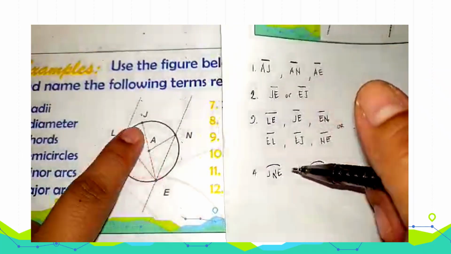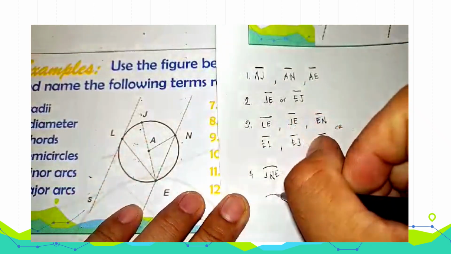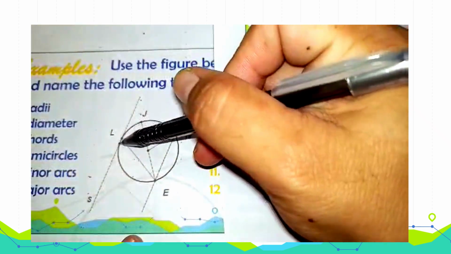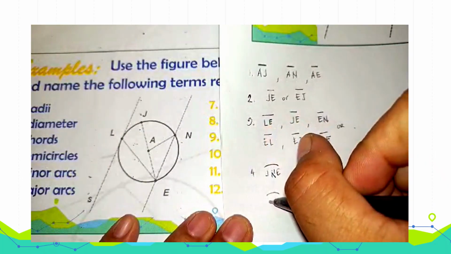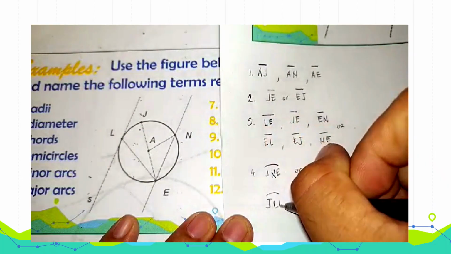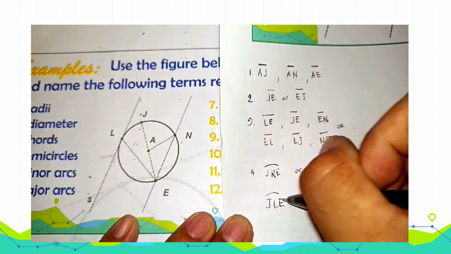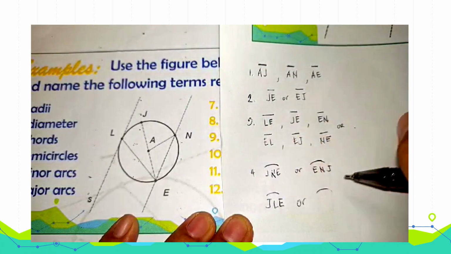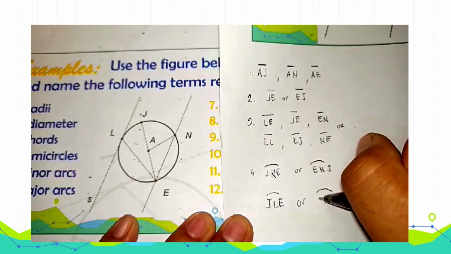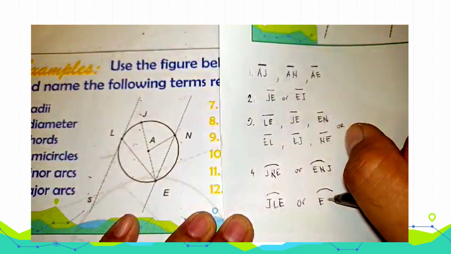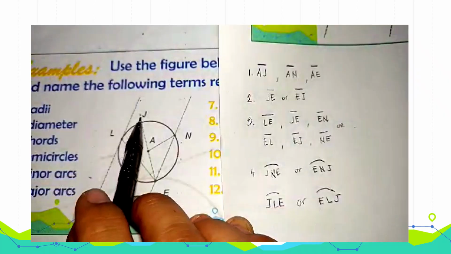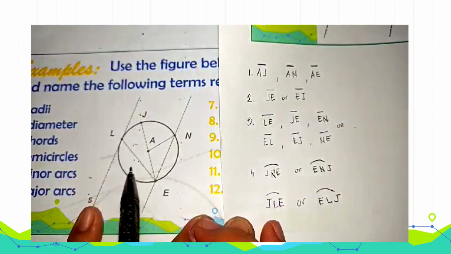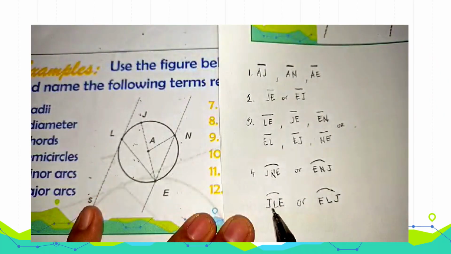The other semicircle will be this portion. So we will have semicircle or the arc JLE or arc ELJ. Again, we need to write it in order or the other way, as long as L here will still be at the middle.